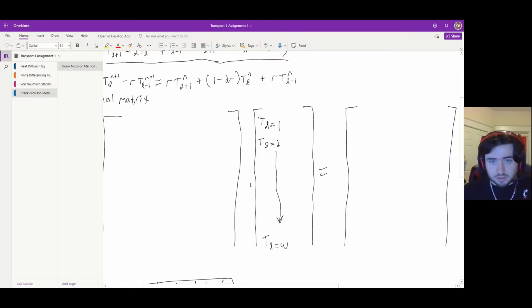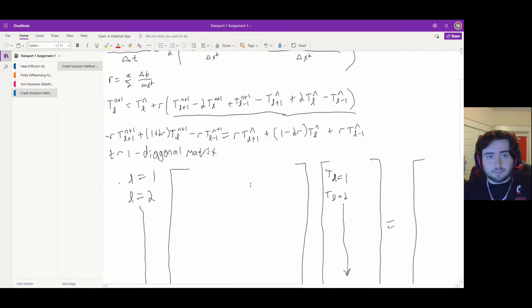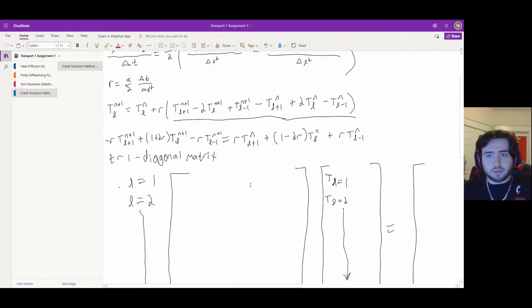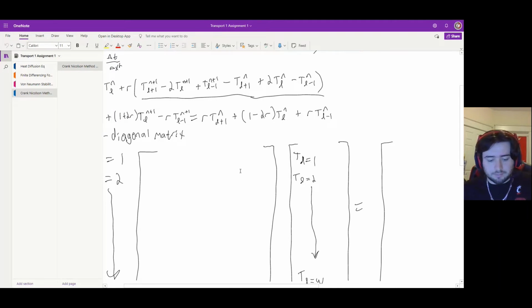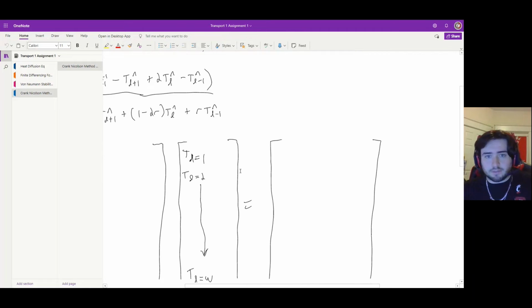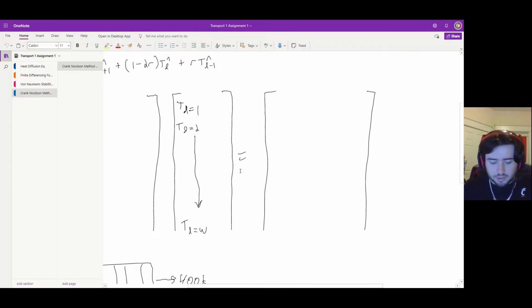So for this one, in our big equation there, you just put in those L values for T.